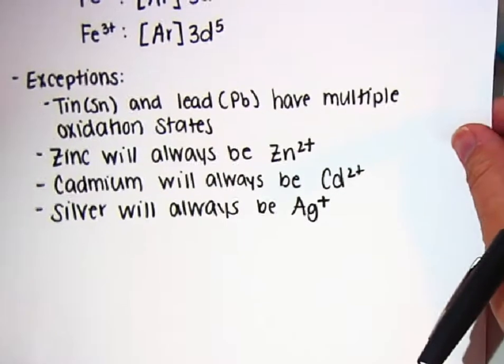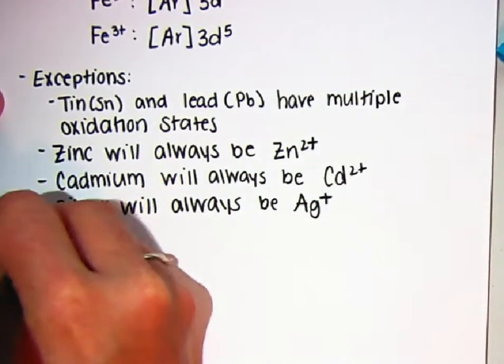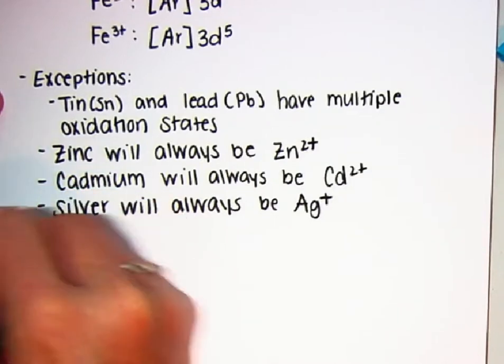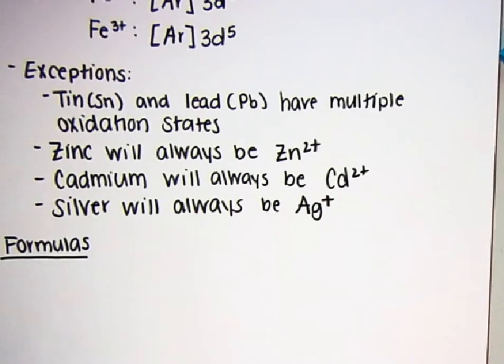All right, so now getting to naming and formulas. We'll start with formulas. A few of these rules I'm not going to write down because we've written them down in the last 2 sets of notes. Anytime you write an ionic formula, the cation comes first, followed by the anion. We need to determine the ratio of ions needed to make a neutral compound.